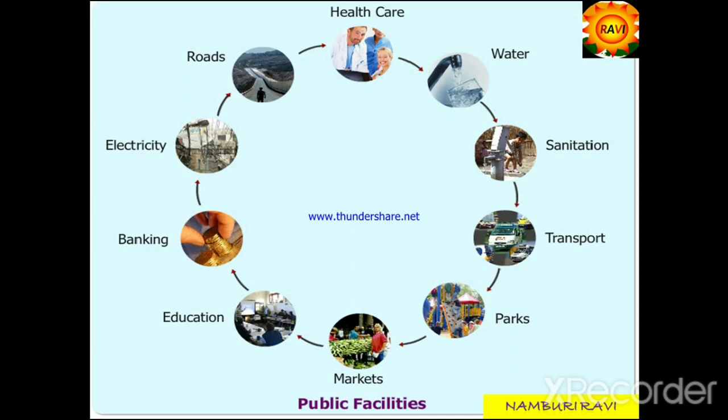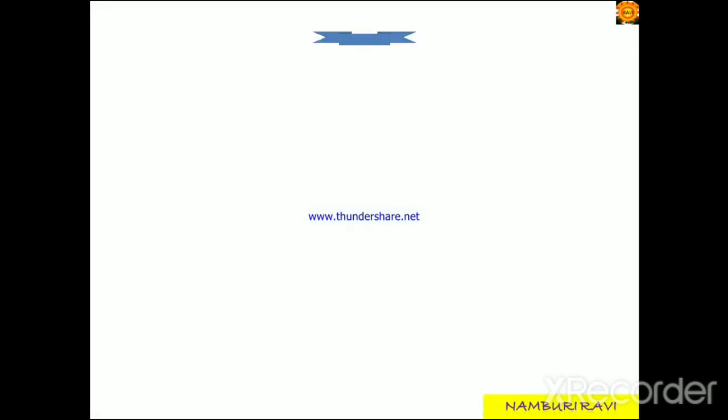And also we can see many other facilities which are provided by the government. One is the establishment of hospitals at mandal level, PHC, primary health centers, and at district level the main hospitals. Water facilities, sanitation, transport, parks, markets, education, banking, electricity, roads, all these come under the public facilities.